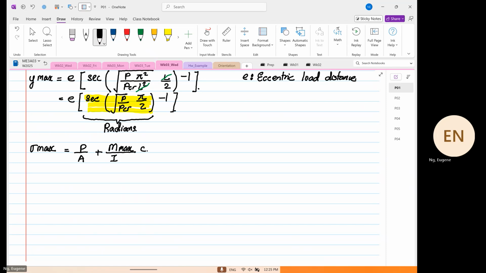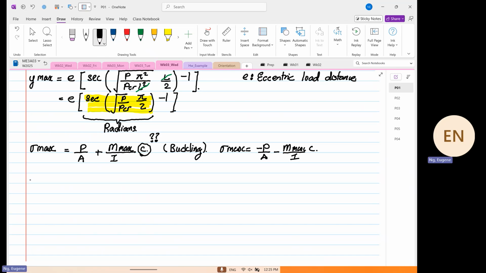So this equation over here is always for buckling. Why I say this equation is always for buckling, by right, the formula to use should be like this. But because we know it's buckling, we understand that the stress is in compression. Now, what is this C?